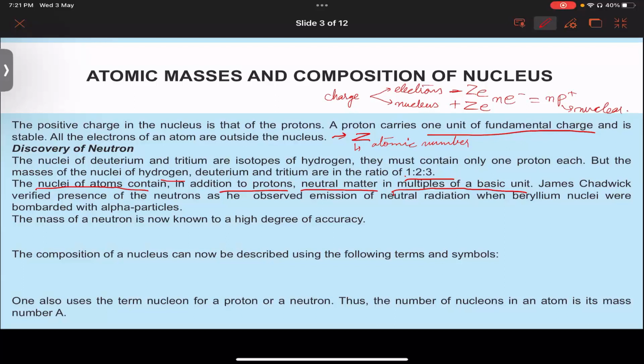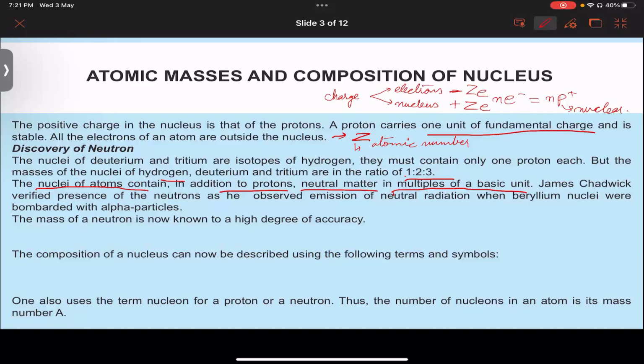Since the nuclei of deuterium and tritium, which are isotopes of hydrogen, must behave similar to hydrogen, they must have only one proton. But we see that the mass differs. If the mass is differing, then there must be some neutral matter in the nuclei, which can be expressed in terms of masses.